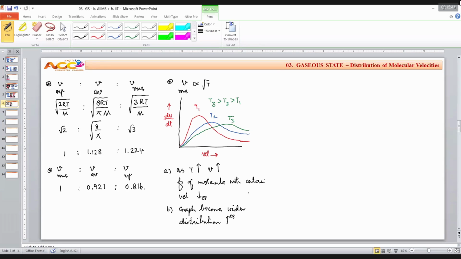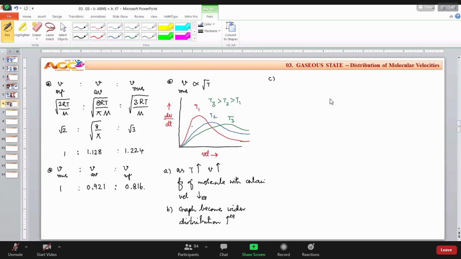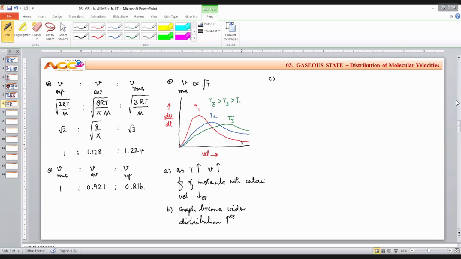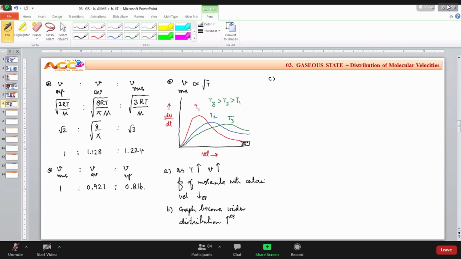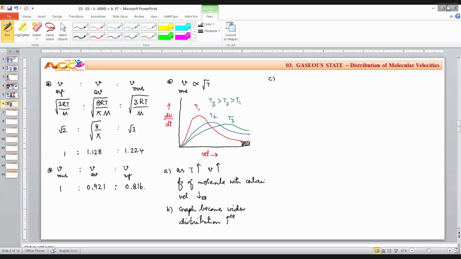The main thing which happens in this case is, as you are increasing temperature, there is an effect on these molecules, a very high effect is observed. Only this many molecules are available with very high velocity. But when you increase temperature, this becomes doubled sometimes, tripled sometimes.